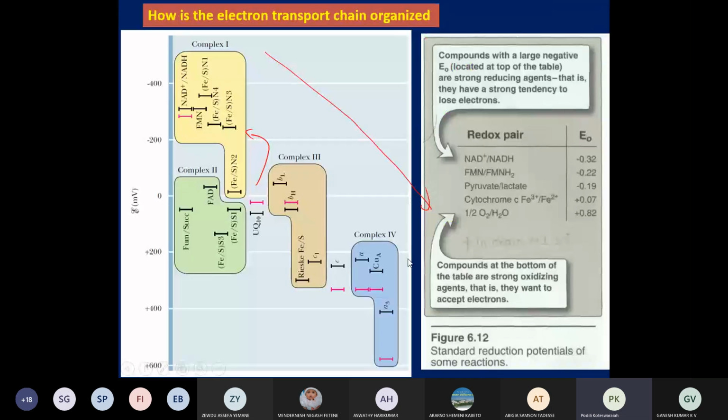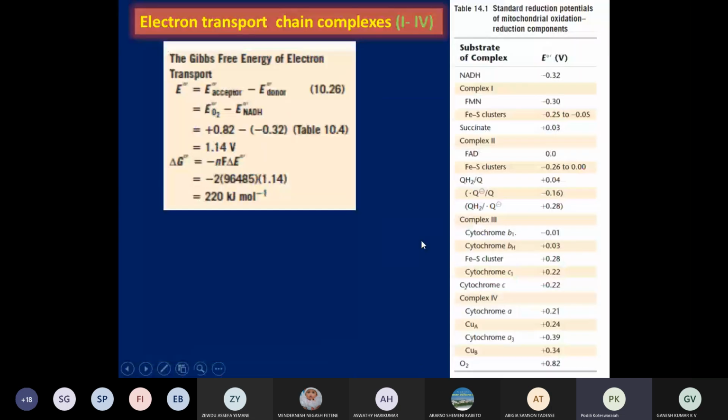You can clearly see this in this table. The redox potential of NADH is minus 0.32, whereas that of oxygen is plus 0.82. That means NADH has a more negative redox potential, whereas oxygen undergoing reduction has a more positive redox potential.